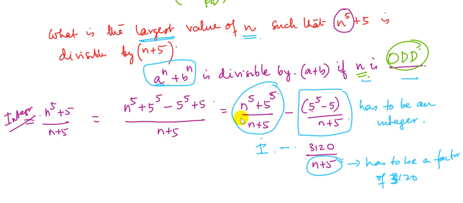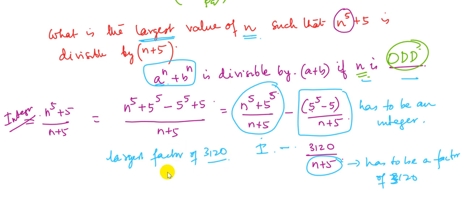Now the question is, what should be the largest value of n? I have to find the largest factor of 3120, and the largest factor of any number is the number itself.